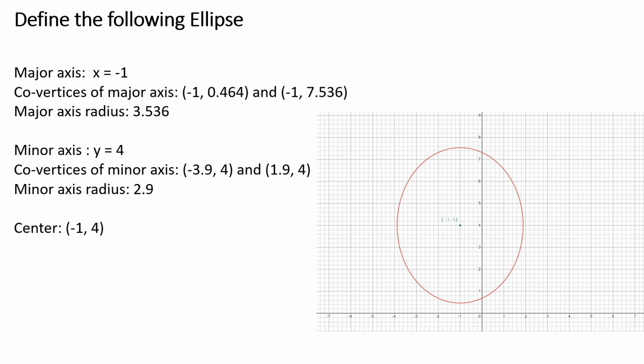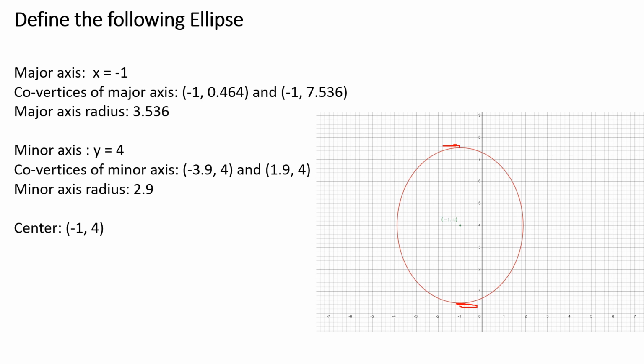Here's another one. The major axis is the longer one, and it's going along the vertical axis, but we coordinate it at x equals negative 1 right here. And my vertices, it looks like, I did this mechanically: 4.464 here and negative 1, and that looks like 7.56.